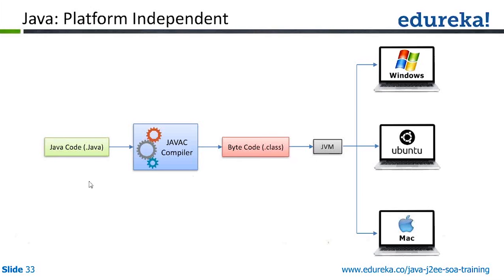And then what happens? The Java code that you write, when it is compiled, creates Byte code, which is a .class file, and this .class file is understood by the JVM. The Byte code class is not a class that can be directly understood by the operating system.